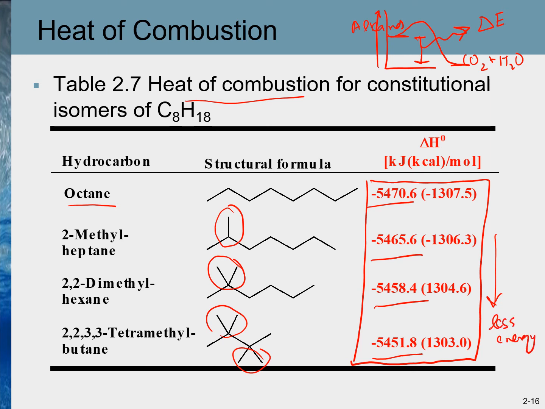So in other words, more branching means that the compound is more stable. Because the compound was more stable, hence it released less energy.